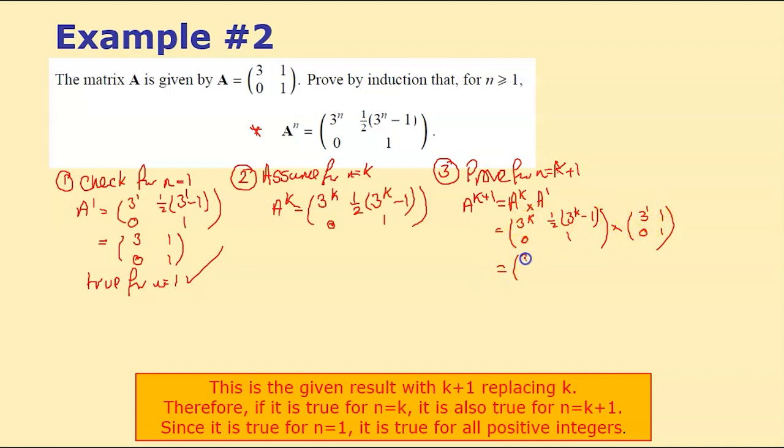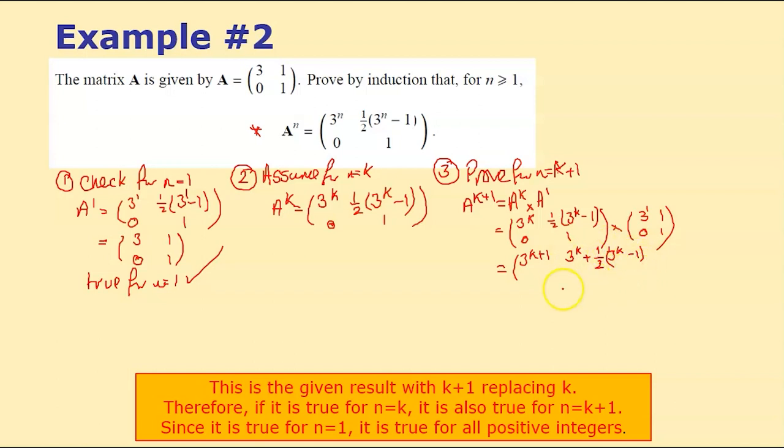So that's like 3 to the k plus 1 plus, and this is where you've got to make sure you do it right, this phrase times by 0. Oh, that's 0, so that's easy. I don't have to write that. 3 to the k times 1 plus this times by 1 as well. That times by that, and that times by that. Yeah, I've done that right. So that's a half of 3 to the k minus 1.